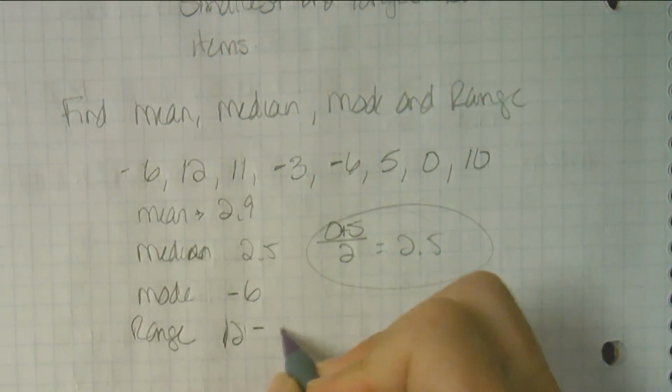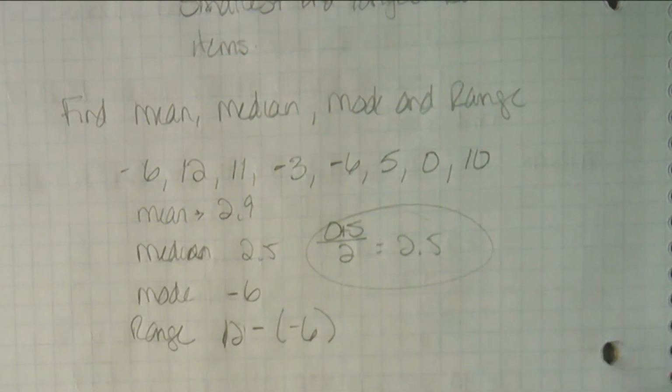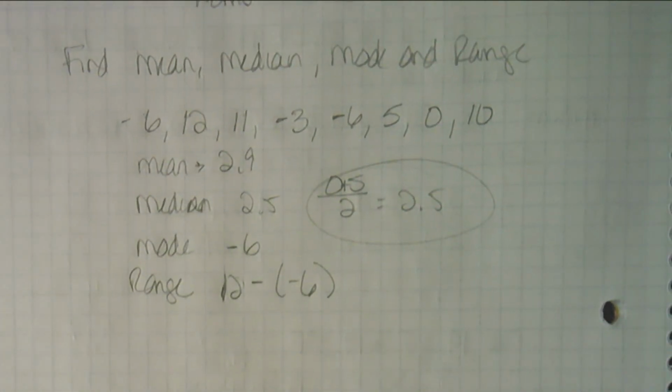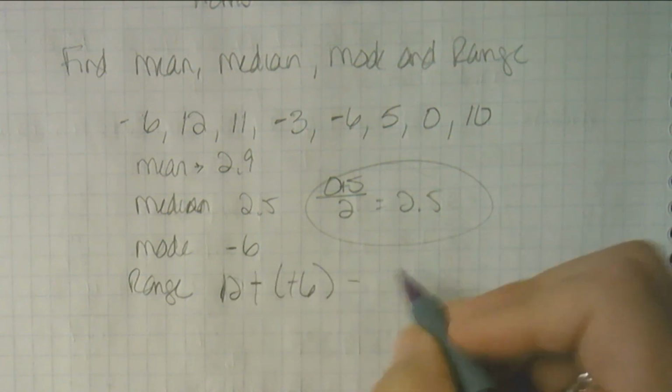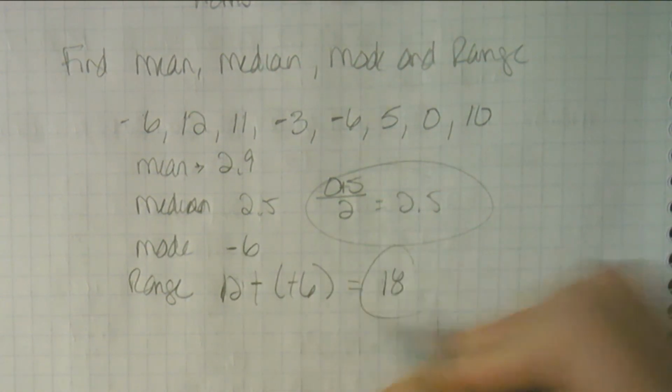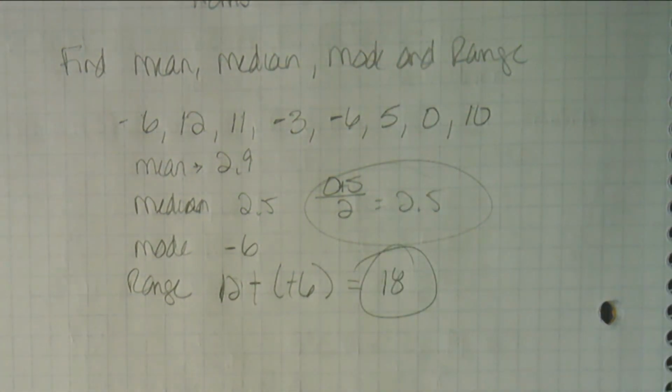So I have 12 minus a -6. No, I don't. I have 12 minus -6, which means I'm going to do adding the opposite here. And I actually have 12 plus a +6, which gives me a +18. Remember, always do adding the opposite when you have subtraction, and then decide whether you need to do absolute value or not. All right, you guys cool? All right, you guys can go.